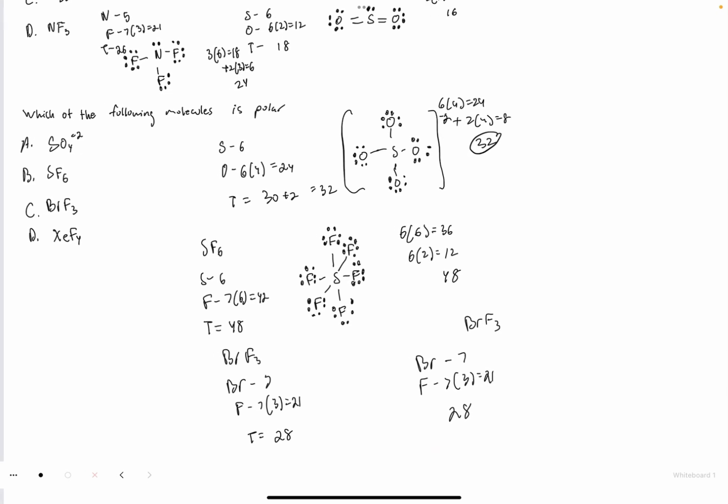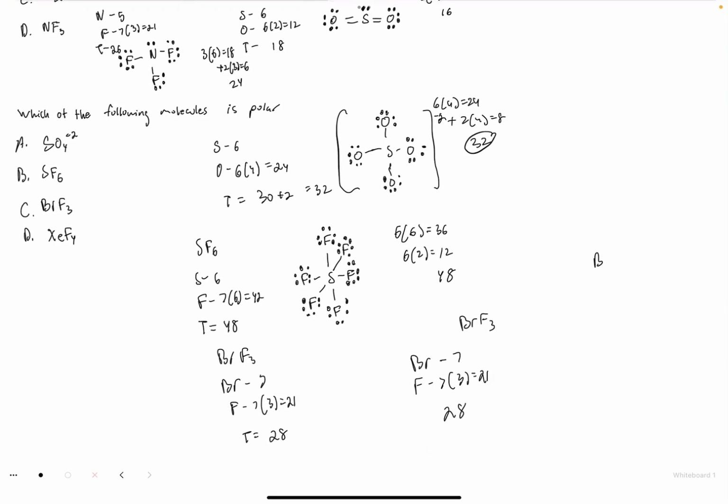So bromine would be in the middle, with fluorine, fluorine, fluorine. 3 times 6 would be 18, and then 2 times 3 would be 24. So all you would have to do is add in 2 lone pairs.